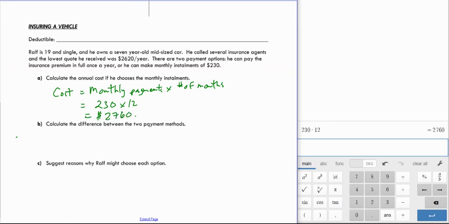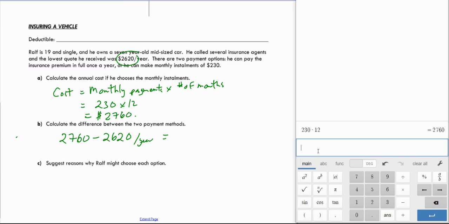Calculate the difference between the two payments. Well, the higher number is the monthly value minus the original for a year. That's going to equal 2760 minus 2620, a $140 difference.